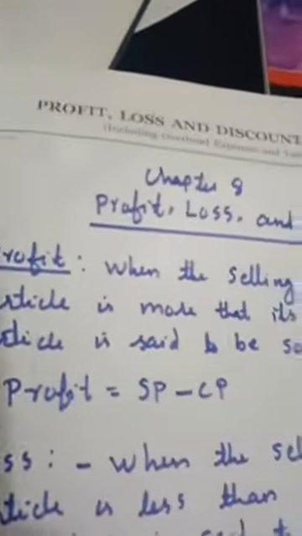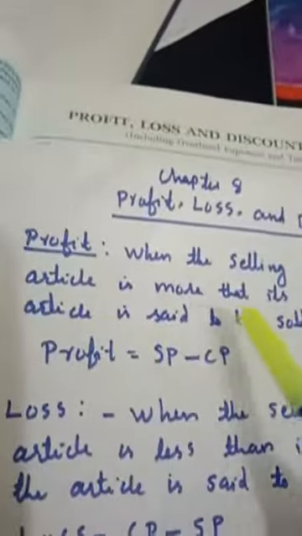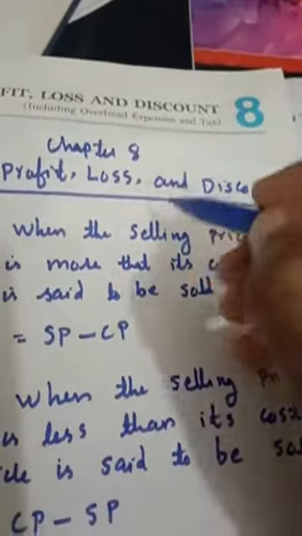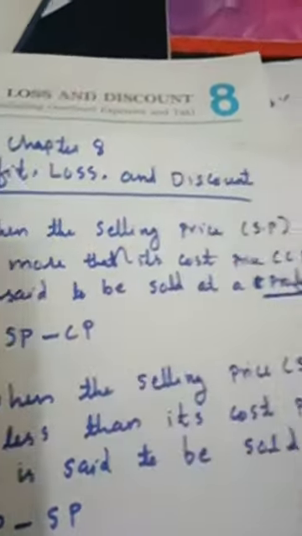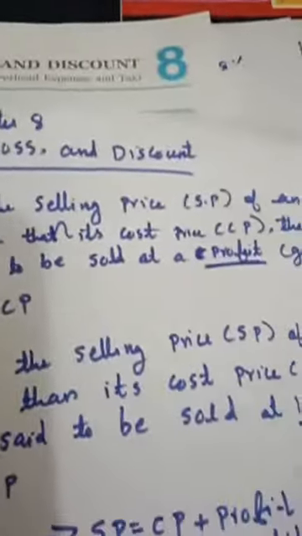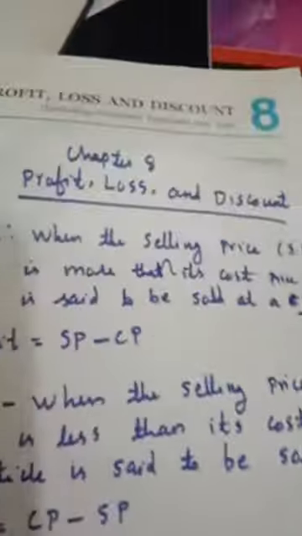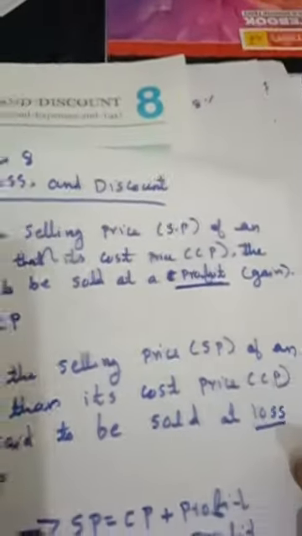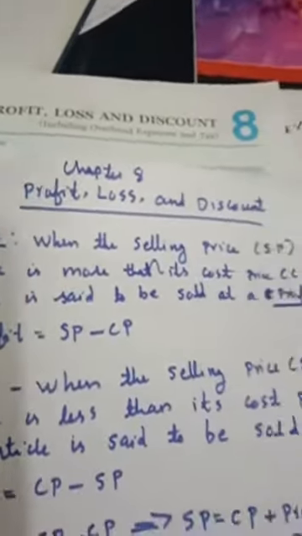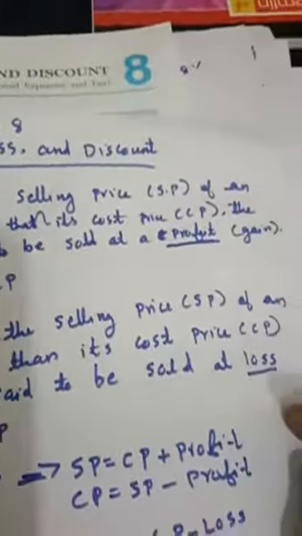Now, what do you mean by profit? When the selling price SP of an article is more than its cost price CP, then the article is said to be sold at a profit or gain.